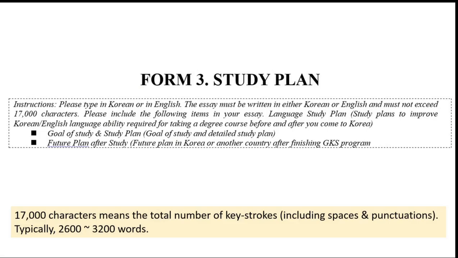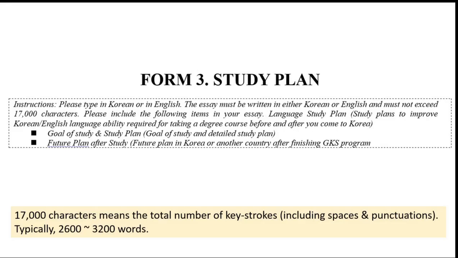So these are the instructions for writing the study plan. It's Form 3 of the application set. Instructions say please type in Korean or in English. The essay must be written in either Korean or English and must not exceed 17,000 characters.